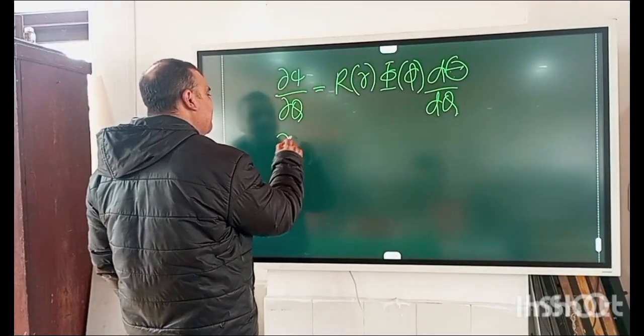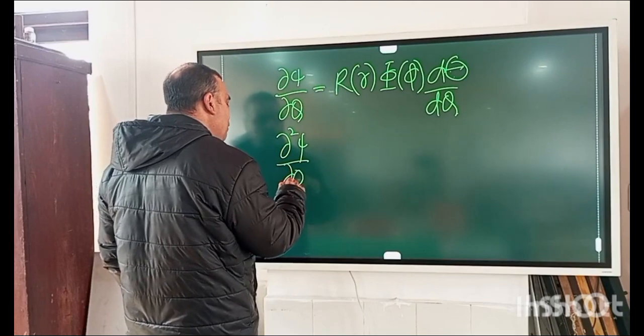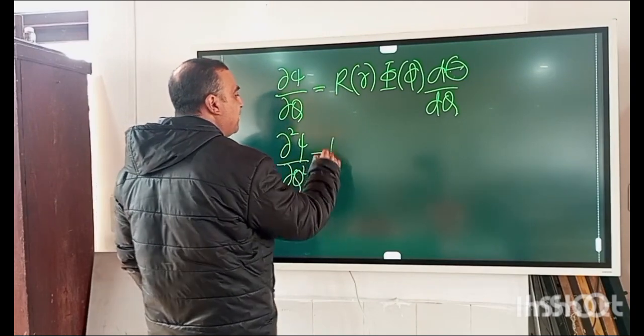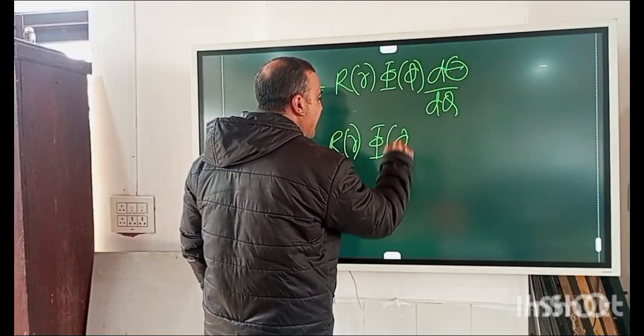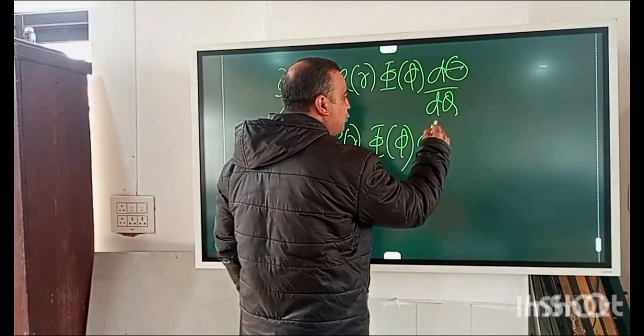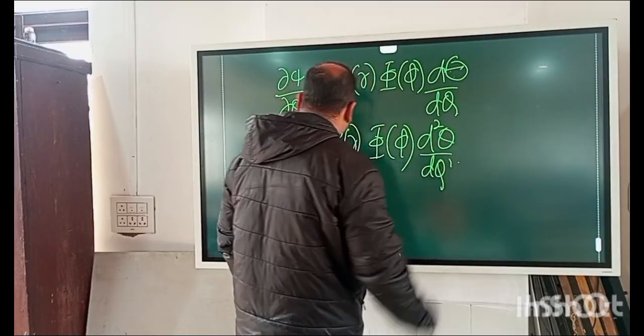We can have its double derivative in a similar fashion: dou 2 psi by dou theta 2 gives R of r, Phi of phi, and a total derivative d2 Theta by d theta 2.